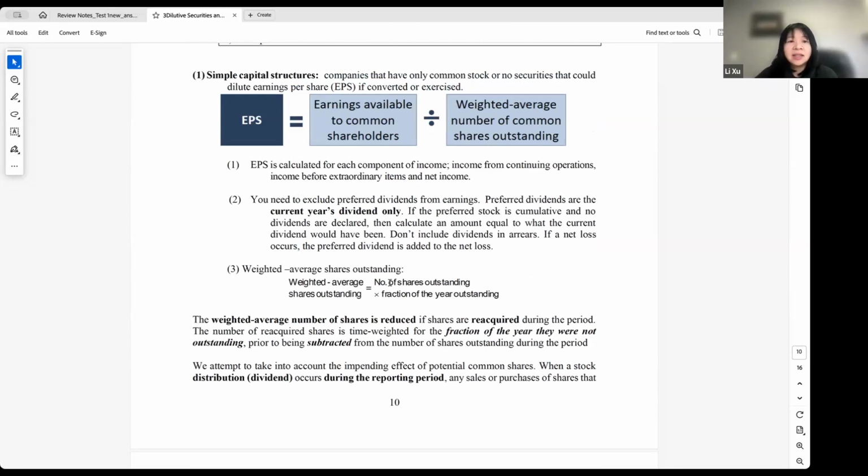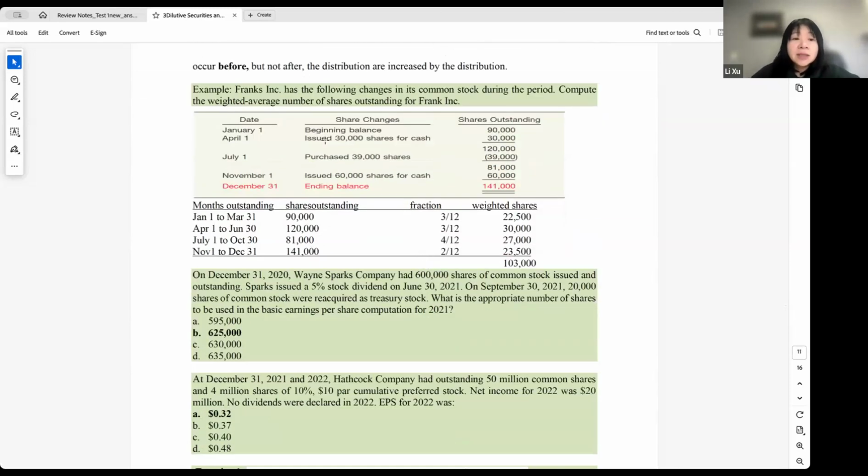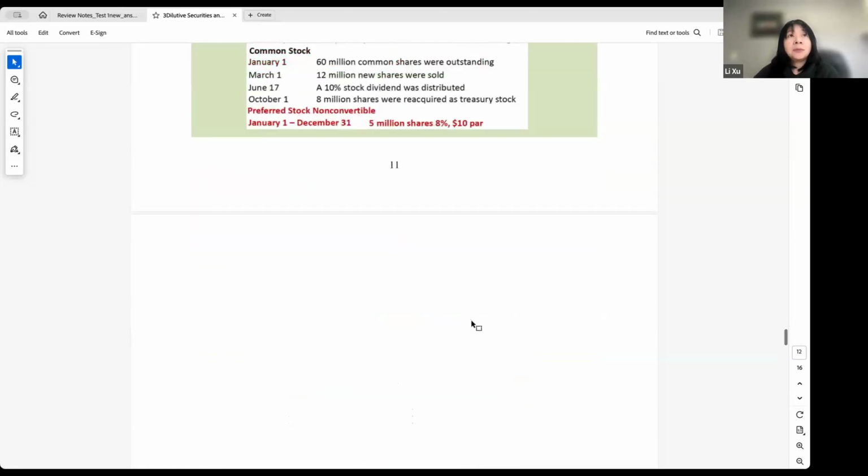And second, earnings per share on the numerator, where I'm mostly testing as-if converted. Definitely go over this example, the Frank Incorporations, and the 2 multiple choice questions. Exercise 6, I made a mini video for it. Do it by yourself and then go over this.